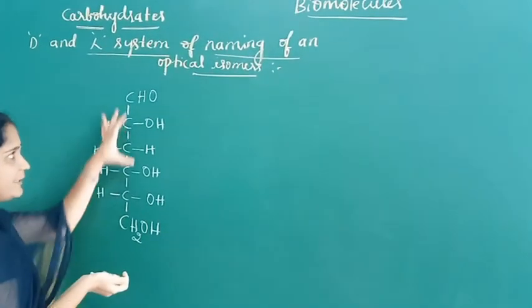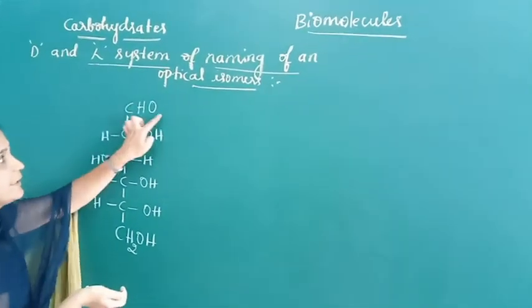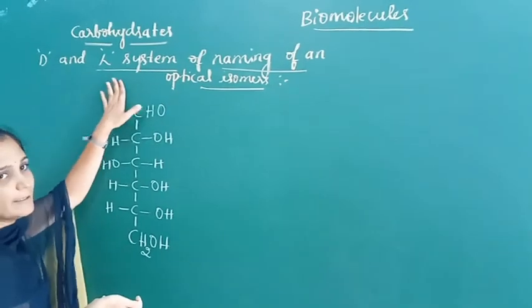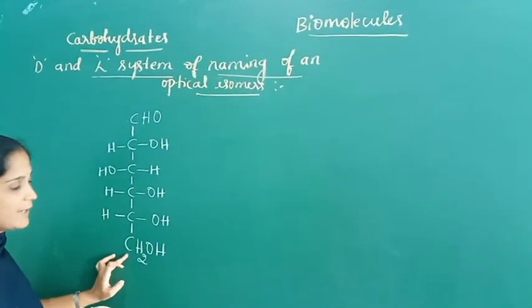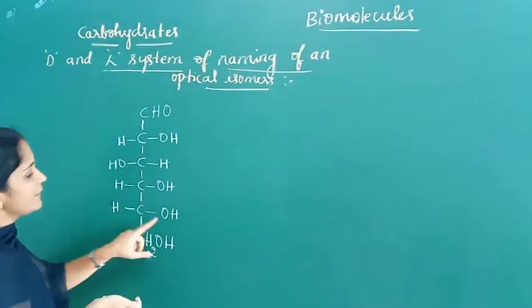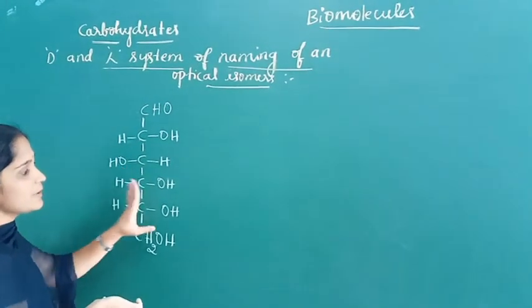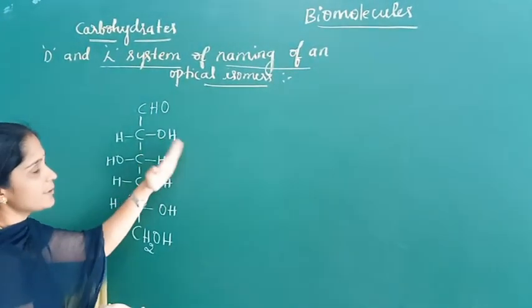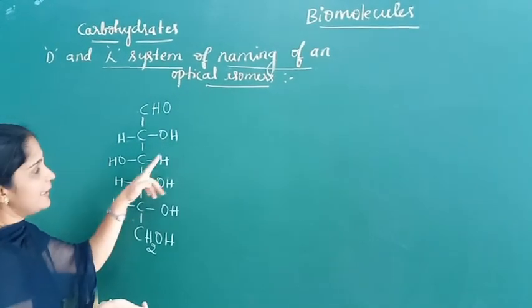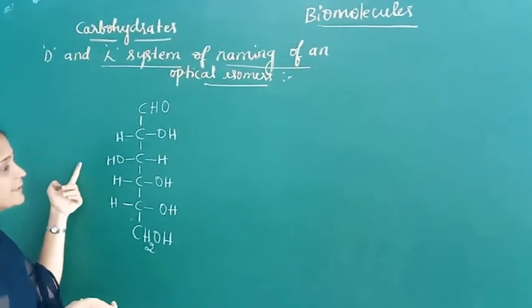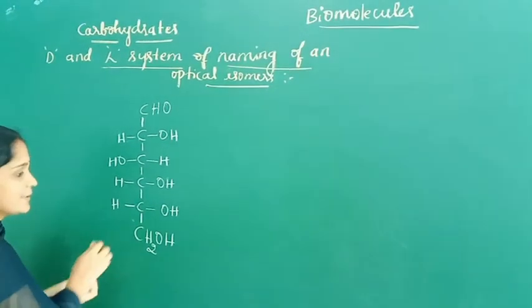The carbon atoms are linked in a straight chain, with one aldehyde functional group at the top, one CH2OH, and 4 CHOH groups. In glucose, all the hydroxyl groups are on the right hand side of the carbon, except at the third carbon, where the OH is on the left hand side. So this is glucose.